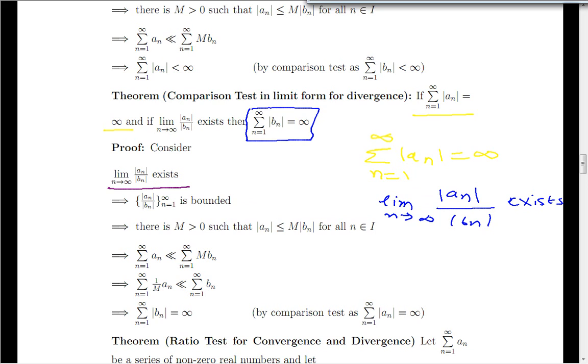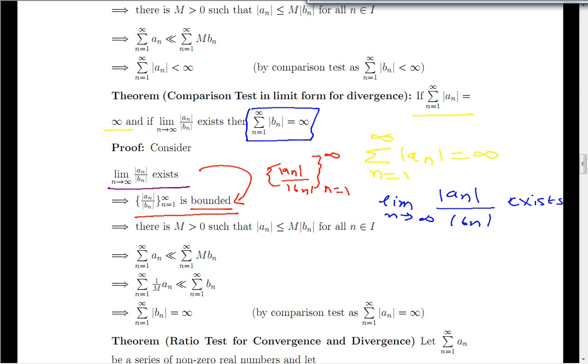As the limit exists, the sequence |an| upon |bn| is bounded.